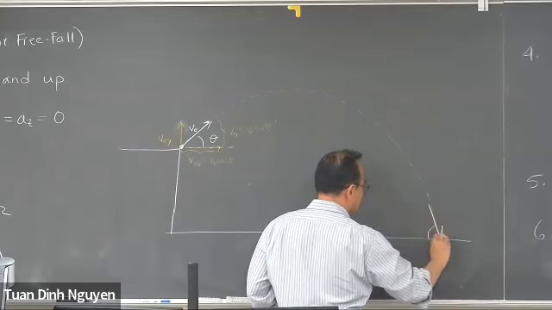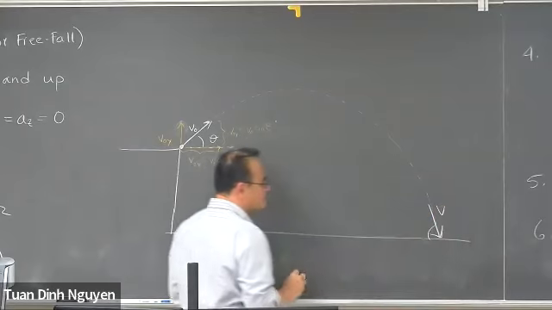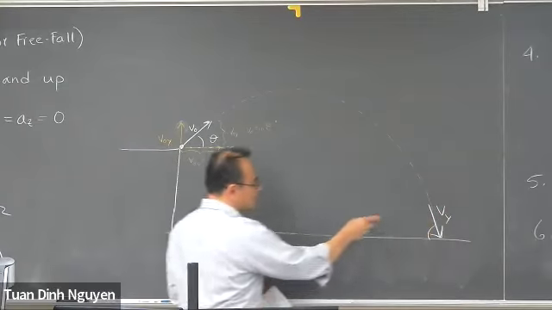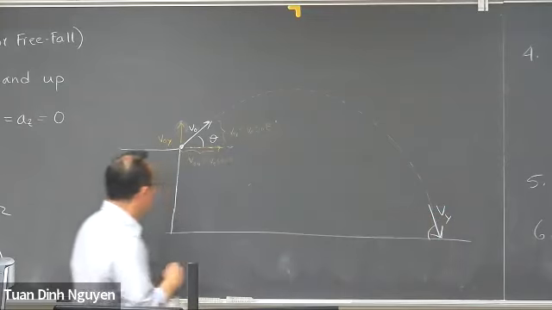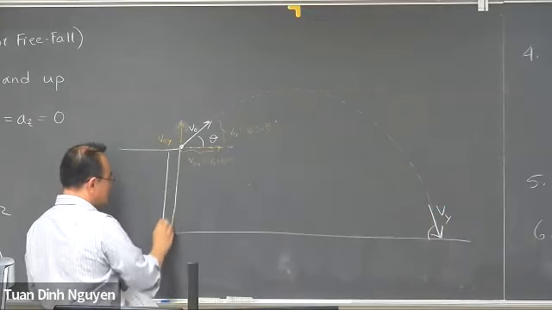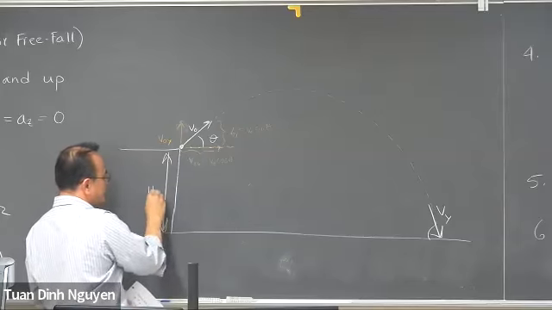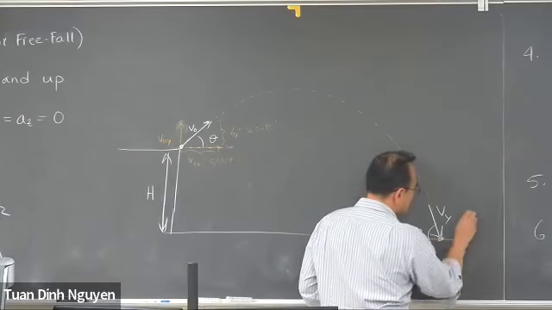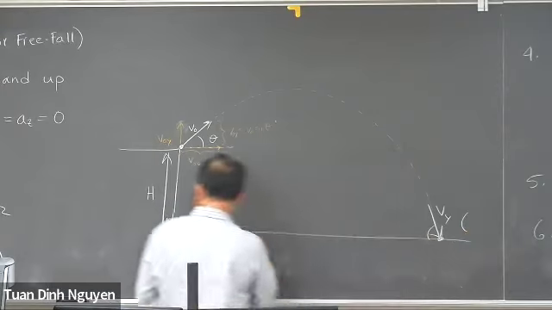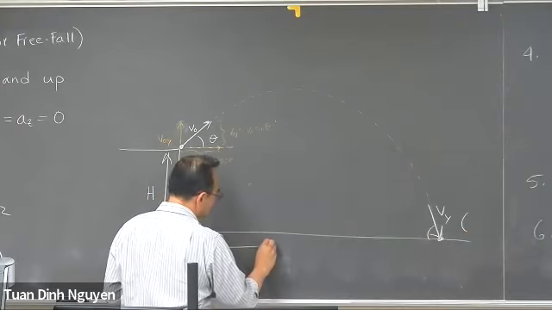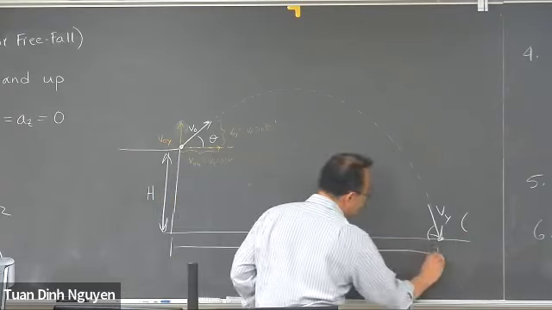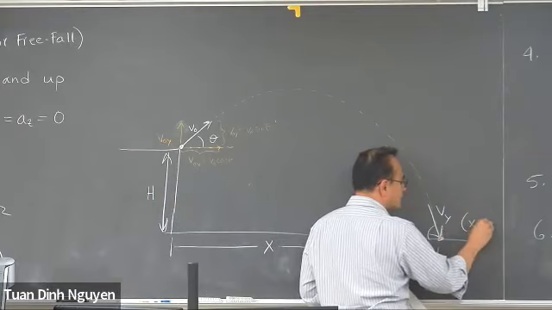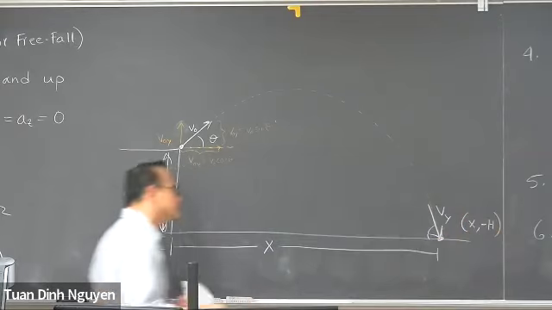So this right here will be the final velocity, Vy, and this will be some other angle that's not the same. Say this distance is h, that's a distance. But the actual displacement, if this is x, is x minus h, right?